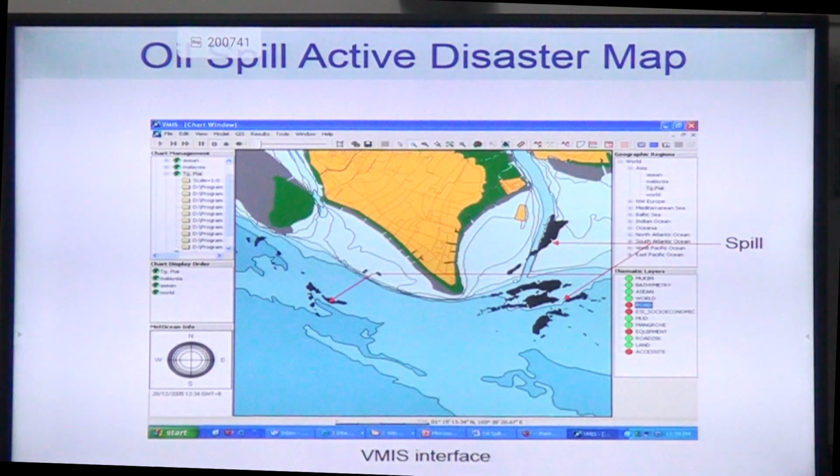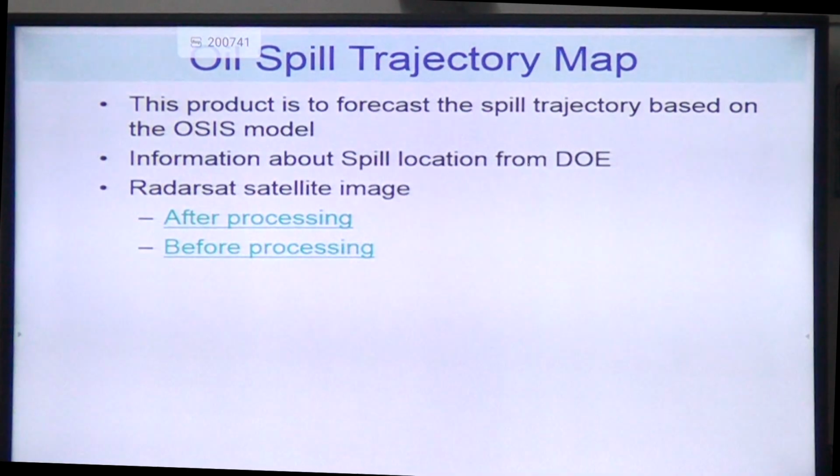For this particular task, we developed a small plugin with ArcGIS that automates the processing. ArcGIS allows you to do that, and QGIS also allows you to create plugins. Now the next product that we're going to produce is the oil spill trajectory map.